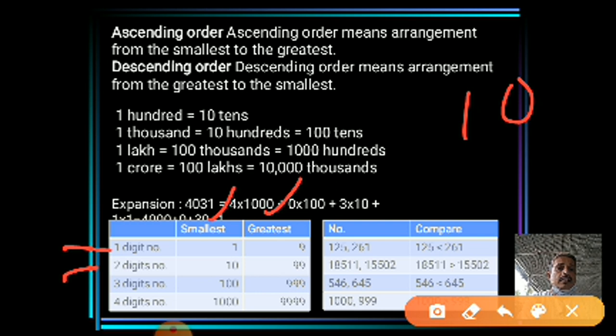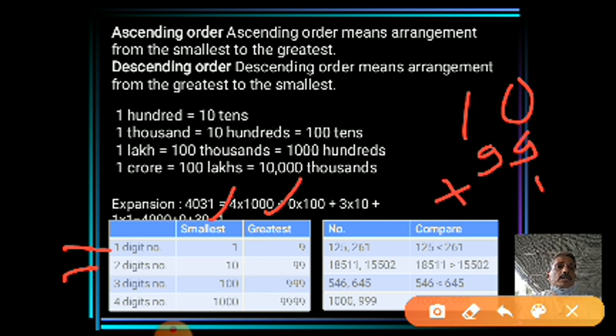After 99, add 1 to that number, what will come, beta? 99 plus 1: 9 plus 1 is 0, 1 is the carryover, 9 plus 1 is 10.